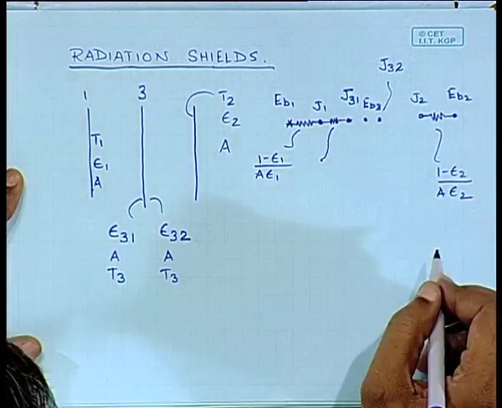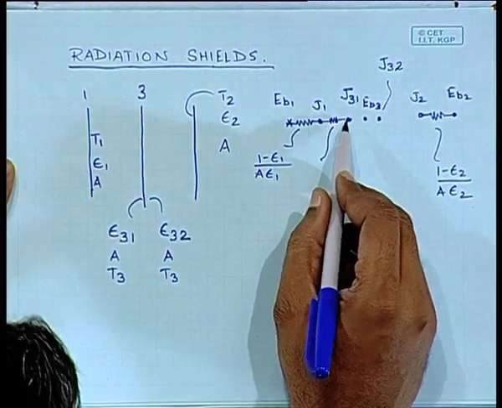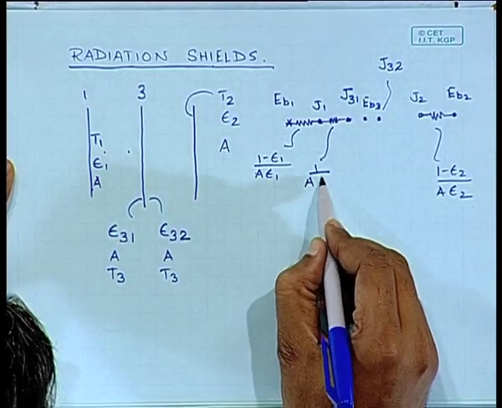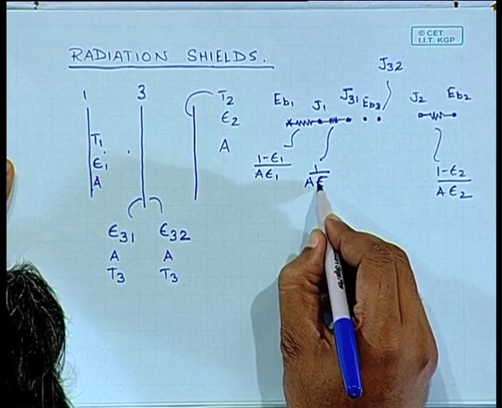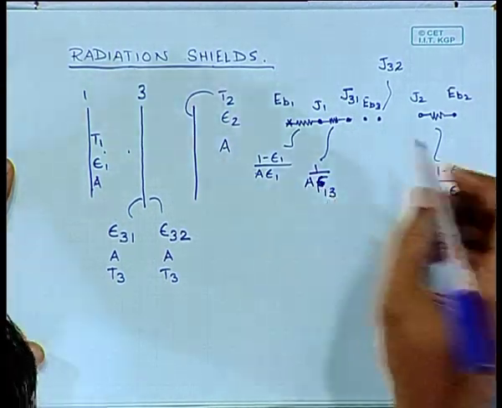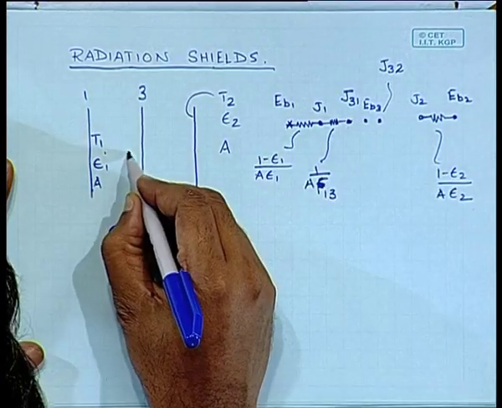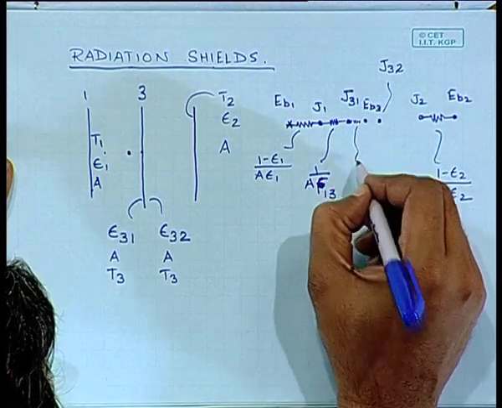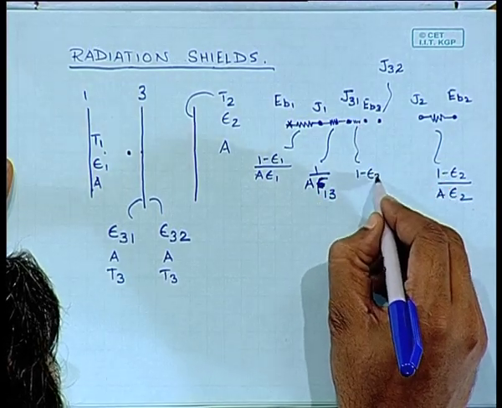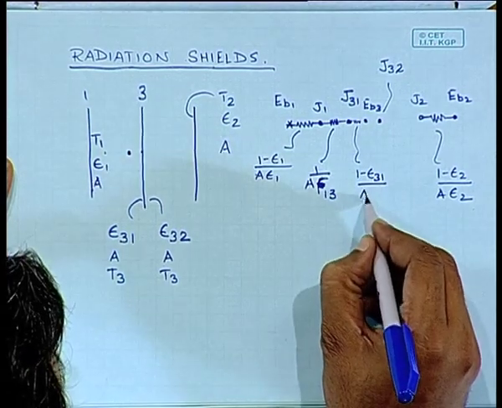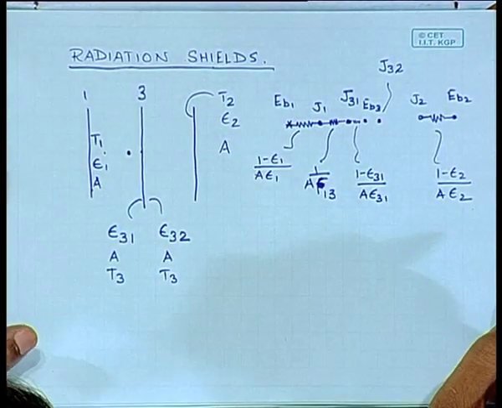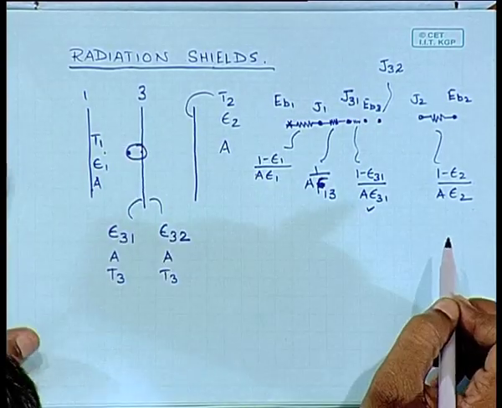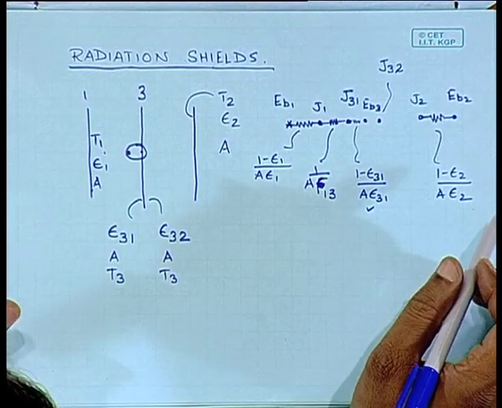The resistance between J1 and J31 is going to be 1 by A F13. Now, between J31 here and EB3, the resistance is simply going to be 1 minus epsilon 3 facing 1 divided by A epsilon 31. This is the resistance I am talking about now, this one. All of you, is it clear to everyone?